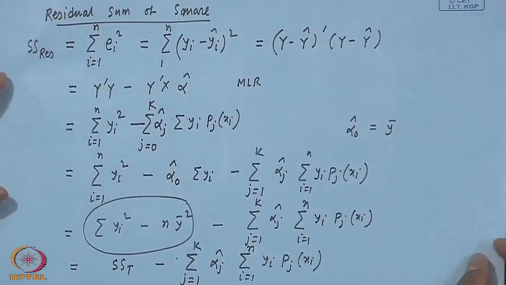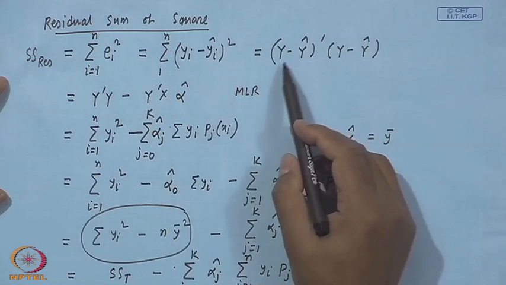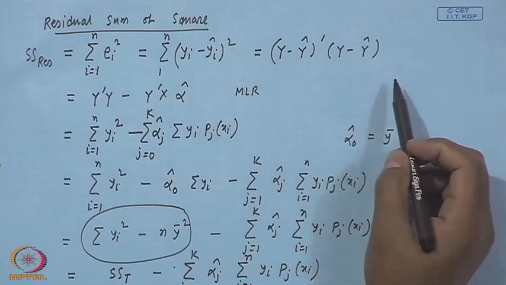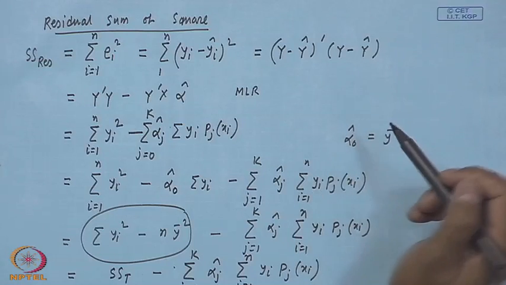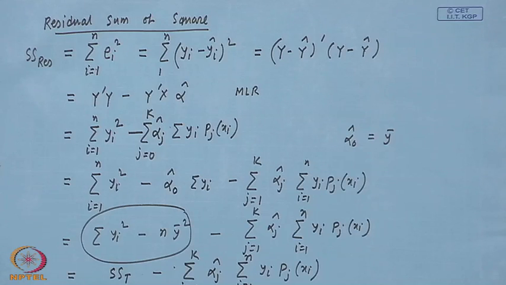And then the residual sum of squares is summation e i square, which can be written in matrix form as y minus y hat prime into y minus y hat, and finally, this is equal to SST, which is SS total, minus alpha j hat, sum over j equal to 1 to k, into summation y i p j x i from 1 to n.